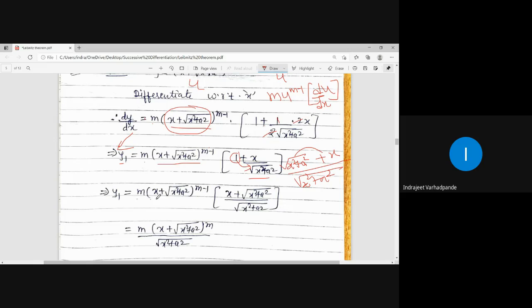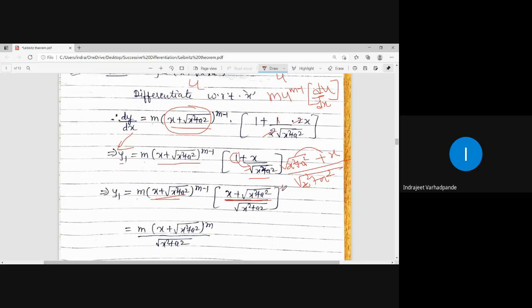So m into (under root of x square plus a square plus x) to the power m minus 1. After the LCM I rearranged this: (x plus under root of x square plus a square) whole divided by under root of x square plus a square. Clear? Now these two terms are the same base, so powers will be added.